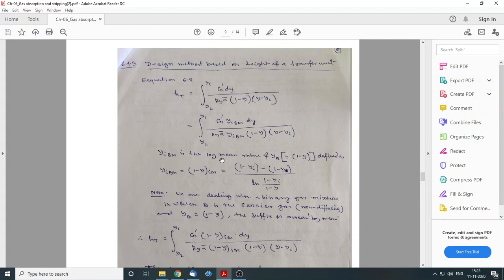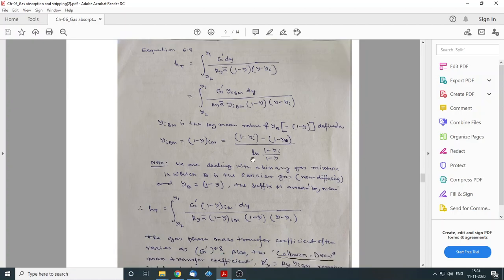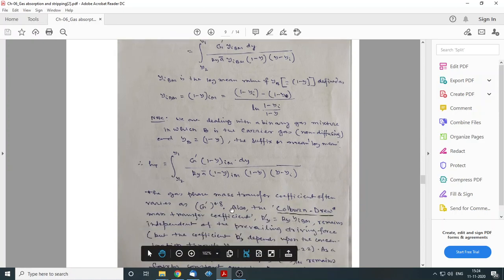Here (1 minus y)iM is the log mean value of 1 minus yi, that is, (1 minus y)iM equals ((1 minus y) minus (1 minus yi)) divided by ln((1 minus yi)/(1 minus y)). So instead of (1 minus y)iM, I can write it in this way.